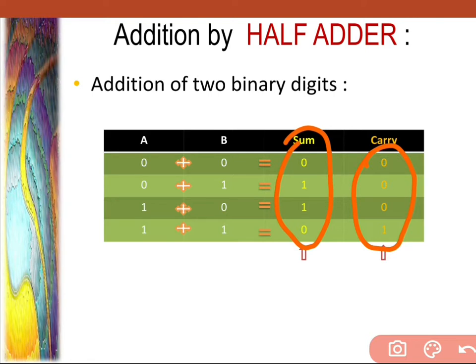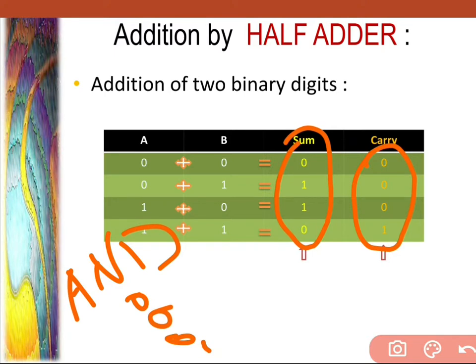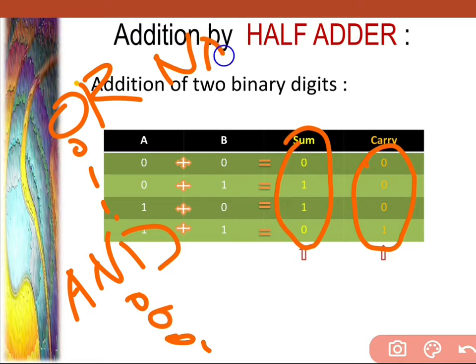We have to think about which type of gate produces this kind of output. We have to remember all the gates. The AND gate always provides us 0001 as output. Remember that. The OR gate provides us output 0111. The NAND gate provides us output 1110. You have to remember which gate provides you which output.